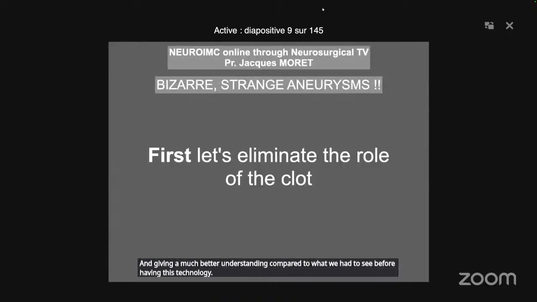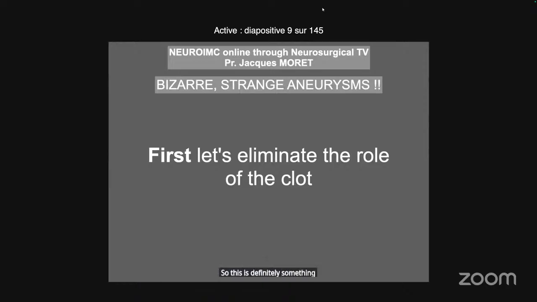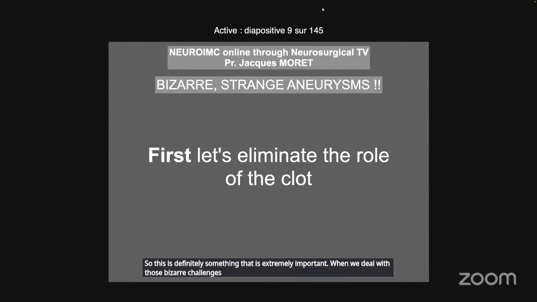So this is definitely extremely important when we deal with those bizarre, strange aneurysms, not necessarily a huge partially thrombosed aneurysm, but dissecting aneurysms that might be also very tiny and might be responsible for complication.